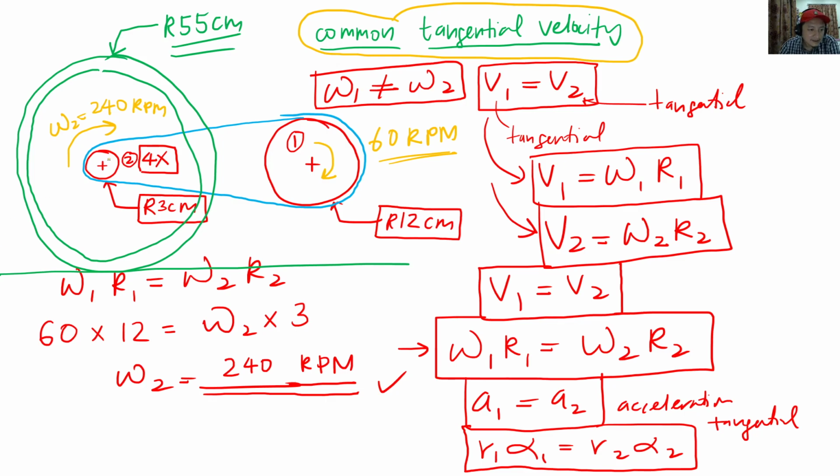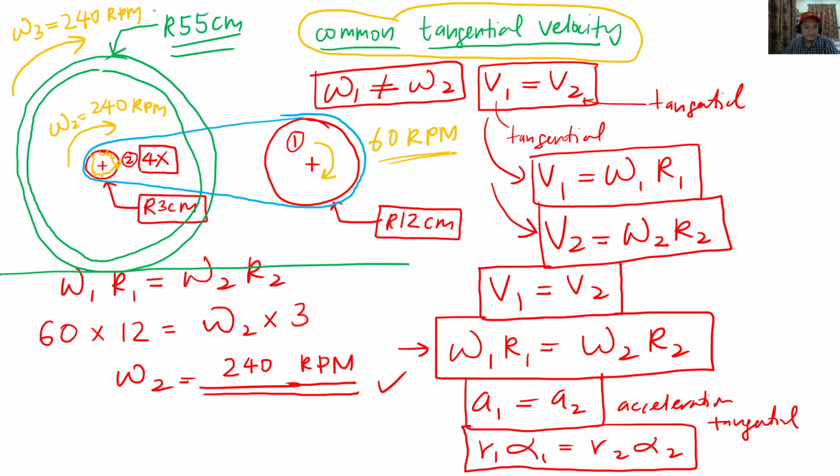So if the rear sprocket, this is a sprocket, is rotating at 240 RPM, the rear wheel is also attached to the same sprocket. Omega 3 is also rotating at the same 240 RPM. There you go.